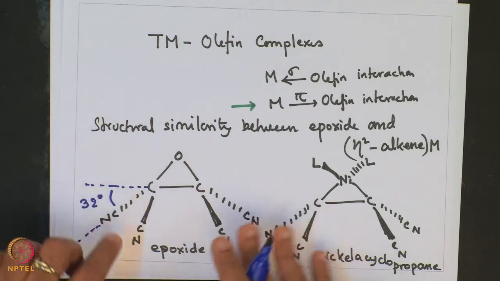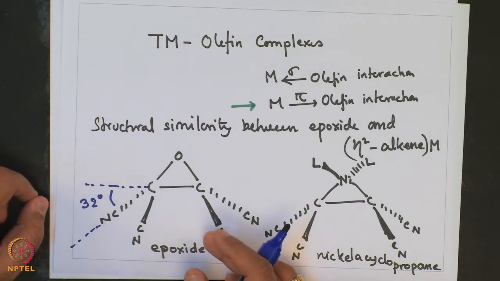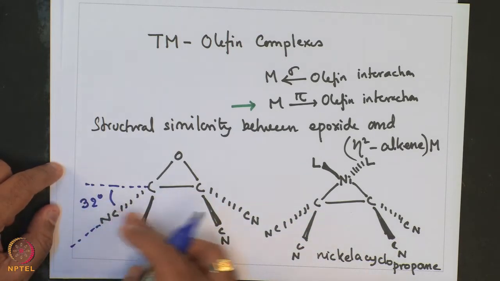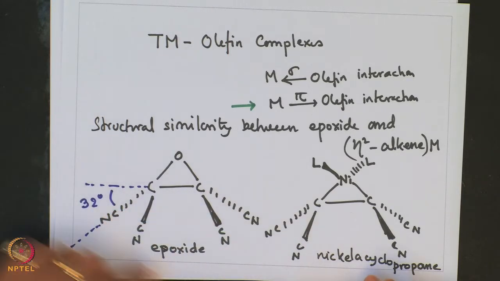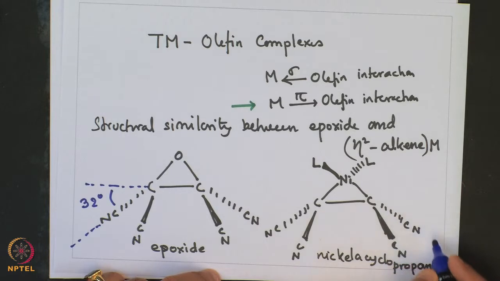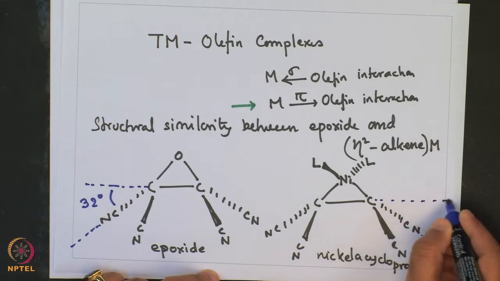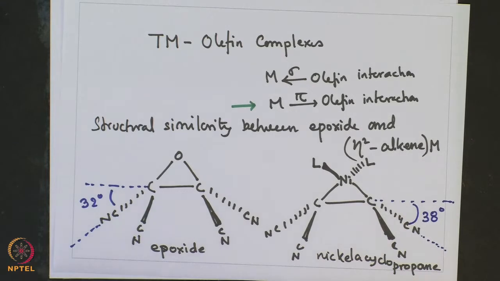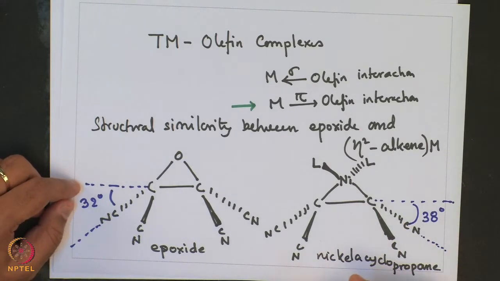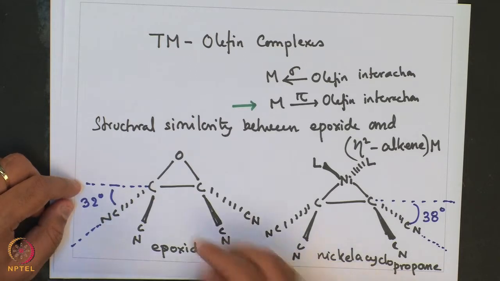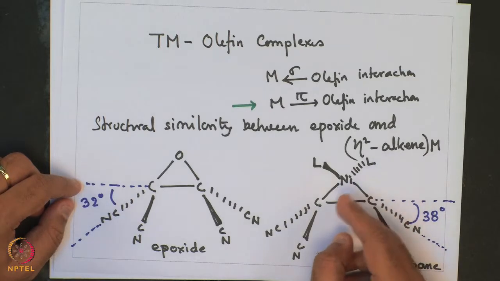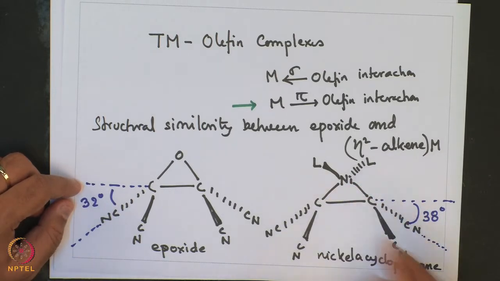So, these four tetracyano groups are not in the plane containing CC, but are below it by about 32 degrees. And the same in the nickel cyclopropane is about 38 degrees. So, one can see there is a striking similarity between an organic epoxide and a metallocyclopropane intermediate that is formed by eta 2 binding of an alkene.